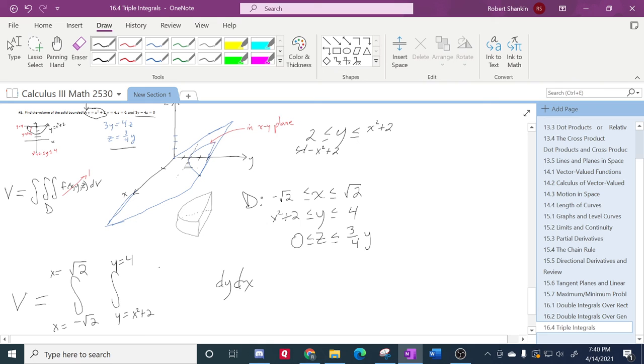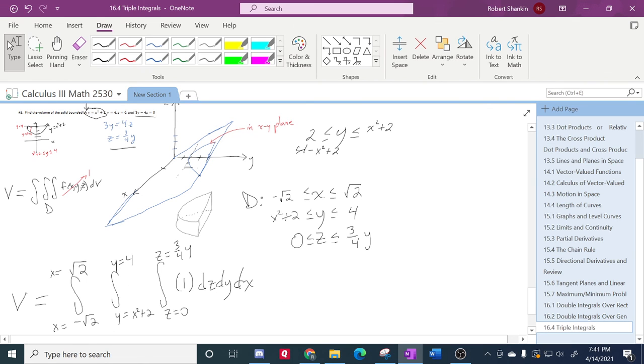And then we have an integral, z equals 0 to z equals 3/4 y of dz, and we're choosing the f of x, y, z to be 1 so that we get a volume of this solid.